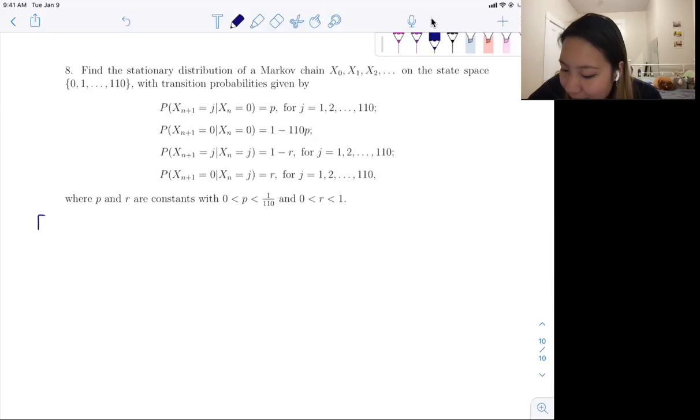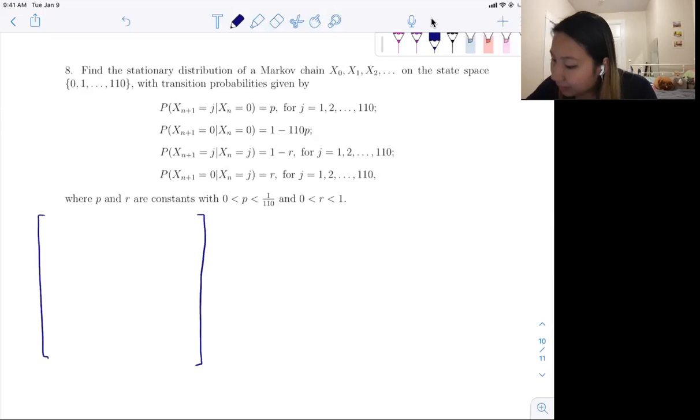So we have states 0, 1, ..., 110 along the rows and 0, 1, ..., 110 along the columns.